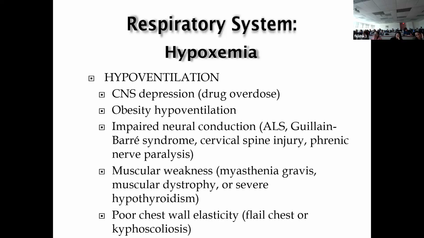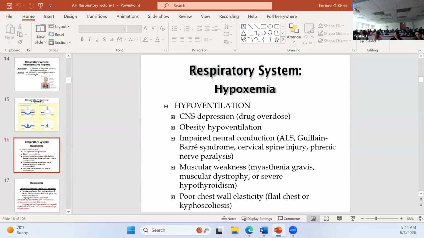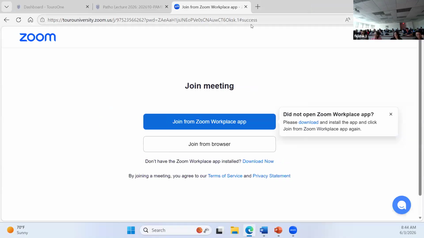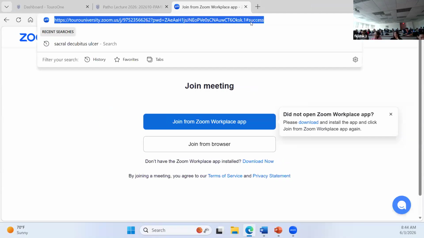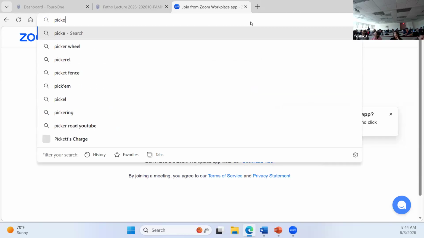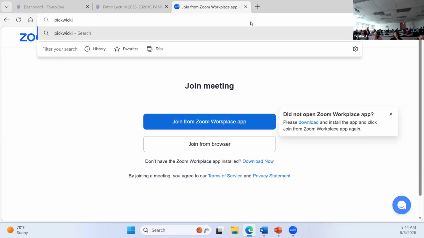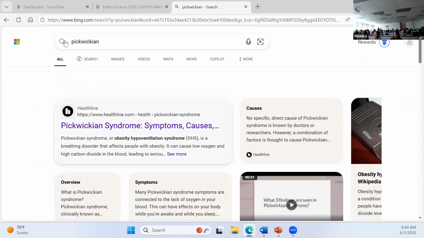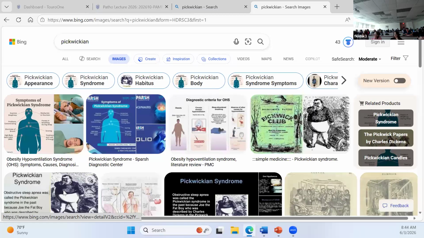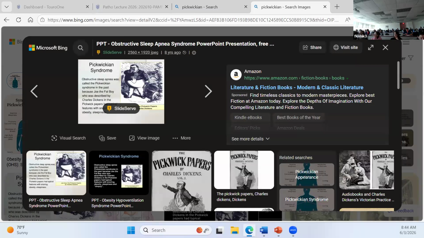I like them. So have you seen the Pickwickian body habitus? You've heard of this Pickwickian term? No? I'm just saying funny words. Pickwickian syndrome. They look like this. Just rotund.